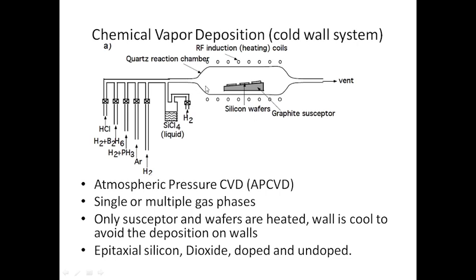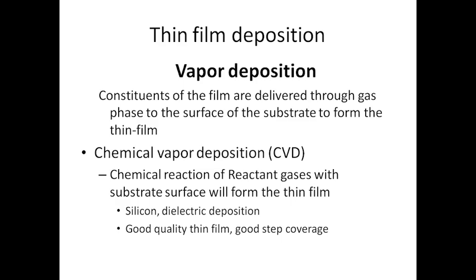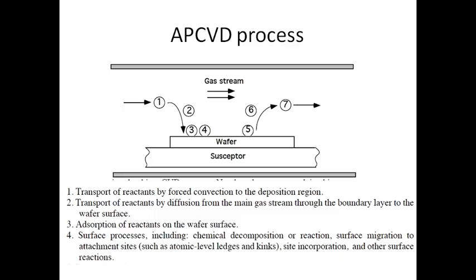The first process is that the constituent material to be deposited onto the wafer has to be brought in first. So that's the first process, where reactants are transported by forced convection to the deposition region. There will be a gas stream which will help them to come over here.